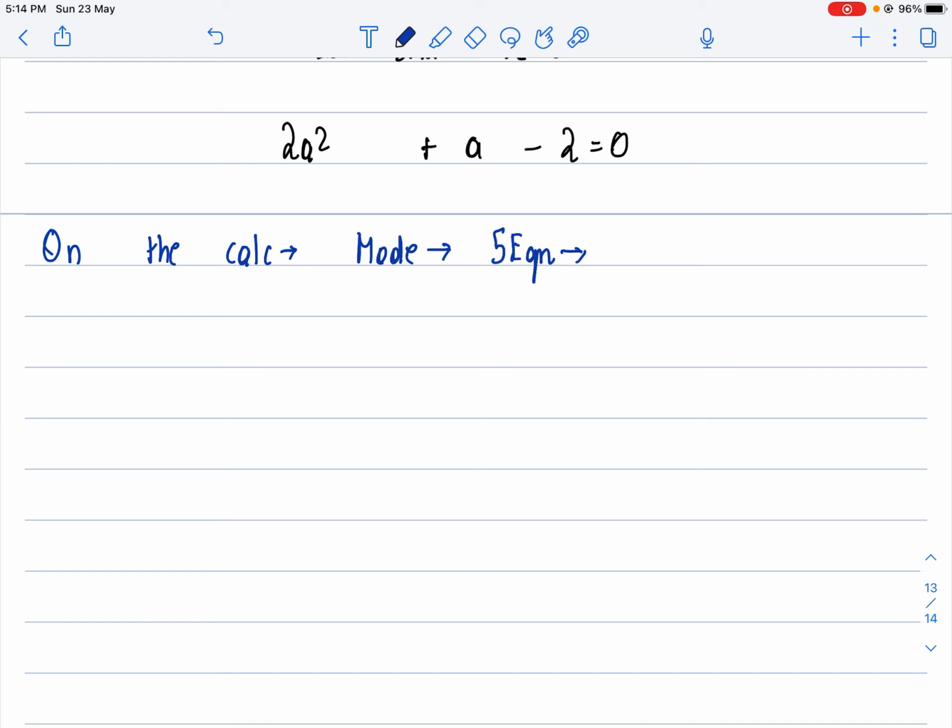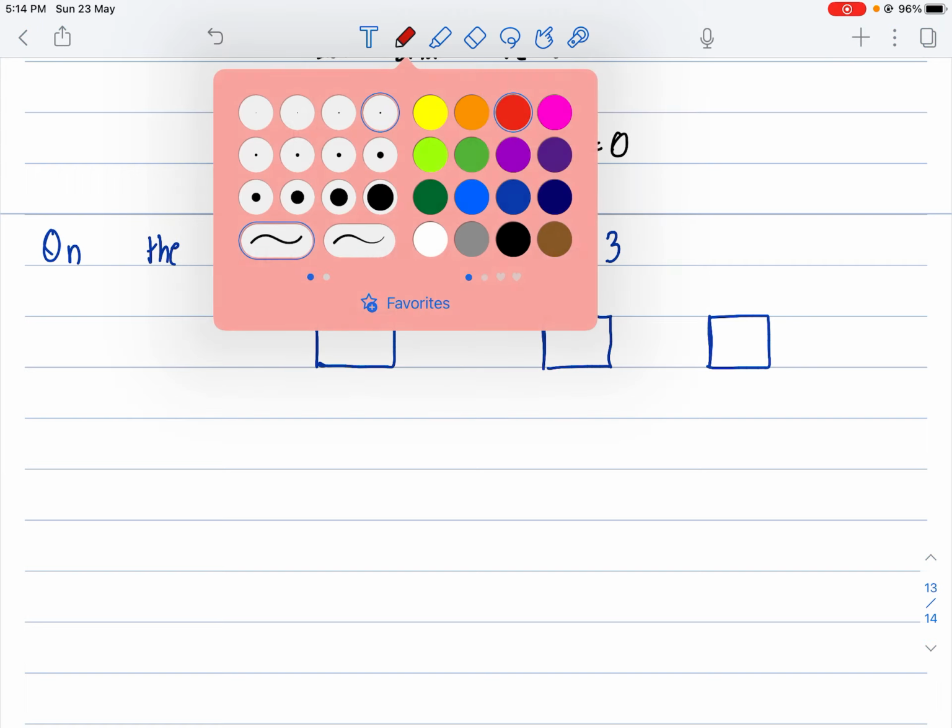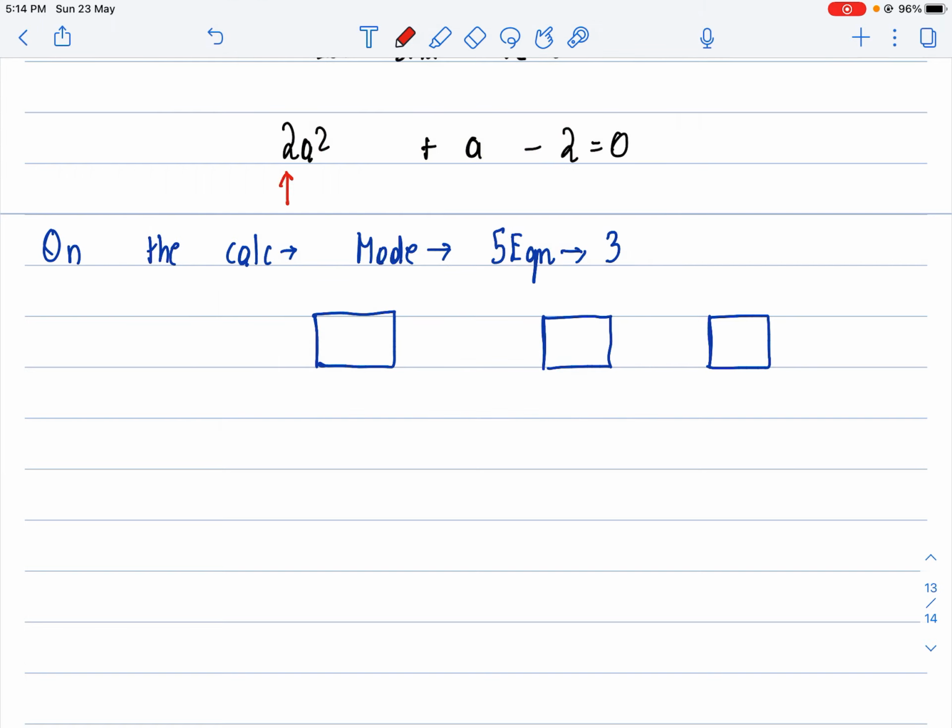When you click on 5, you click on 3. When you click on 3, you get 3 coefficient boxes. In the first box, put 2, which is the coefficient of a square. In the second box, put 1, which is the coefficient of a. And in the last one, put minus 2, which is the constant. So 2, 1 and minus 2.